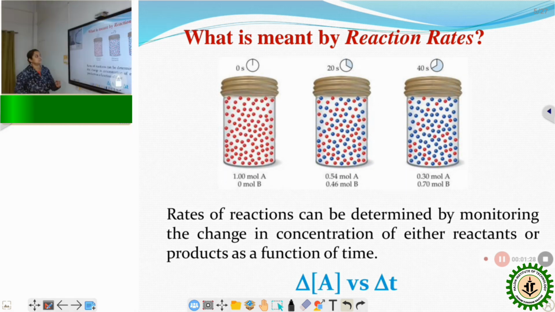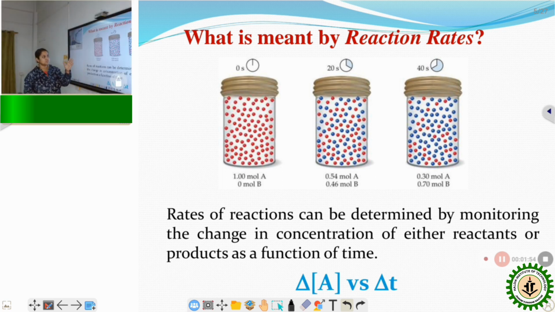See here, there is a picture where in the first bottle at time 0 only red dots are there. The red dots indicate that only the reactant molecules are present when we start the reaction. But as time goes on, we see that some blue dots are appearing. That means some amount of product is forming, and as time goes on, more blue dots appear in the last bottle.